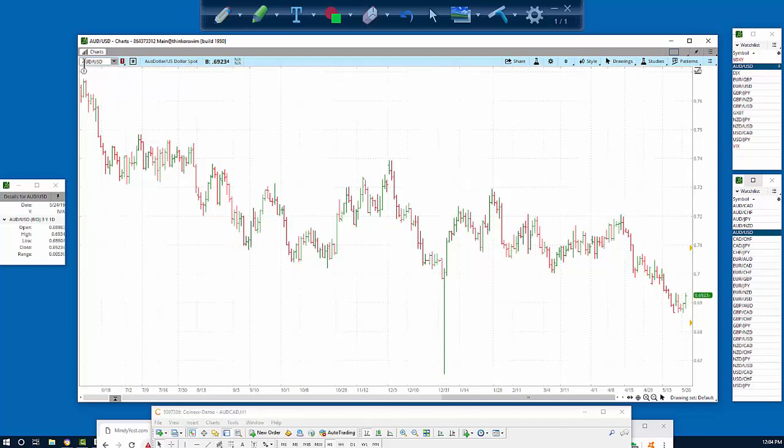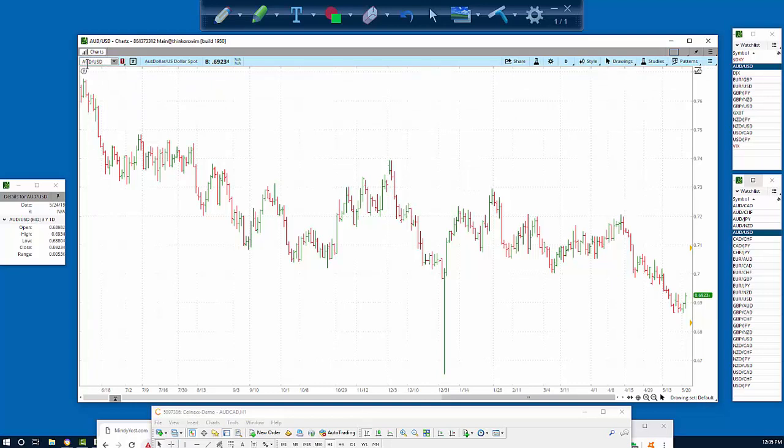And so what we have is essentially two complete economies represented. We have the Australian dollar and we have the US dollar. Now, in this case, the AUD is what is called the base currency, and the USD is called the quote currency in this currency pair.